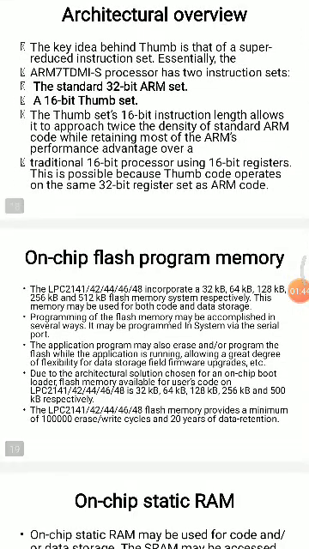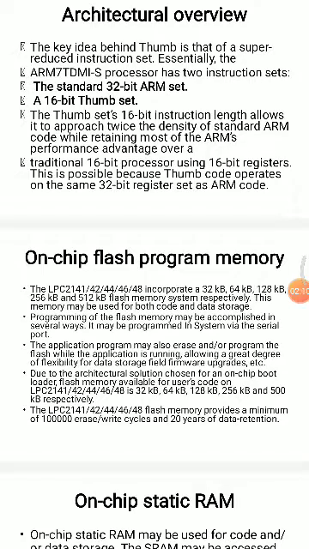Next is the on-chip flash program memory. LPC 2148 consists of 32 KB, 64 KB, 128 KB and 256 KB flash memory respectively. The memory may be used for both code and data storage. The programming of the flash memory may be accomplished in several ways. It may be programmed in the system via serial port.